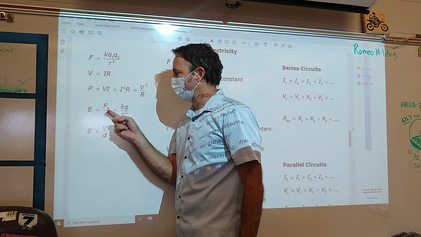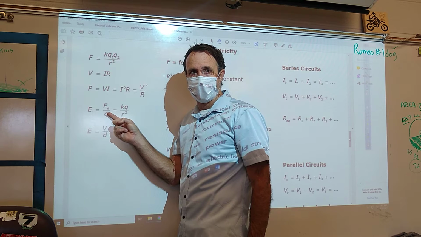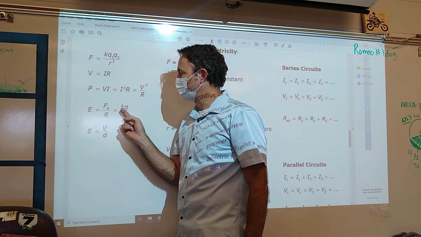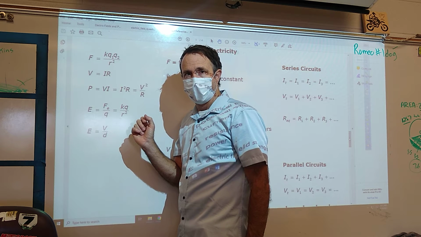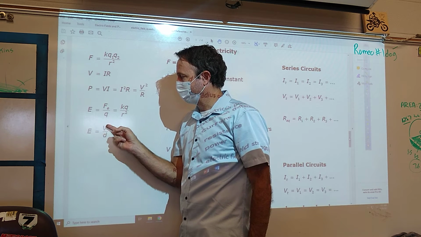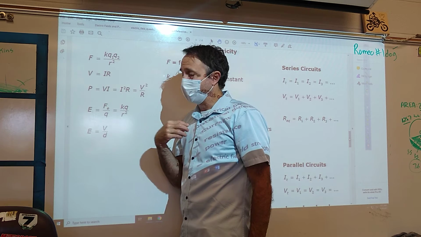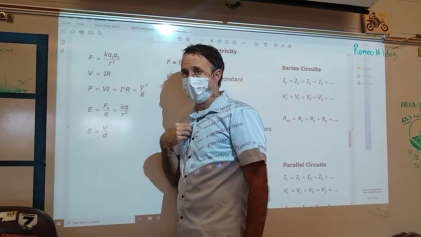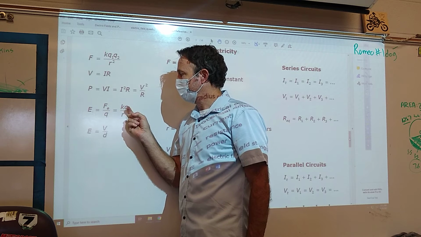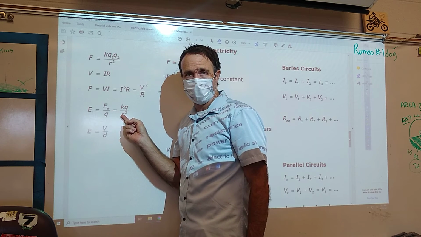E is equal to F per Q, right? And E is equal to KQ over R squared. And E is equal to V over D. Now, the one I'm thinking about right now is E is equal to K times Q over R squared.